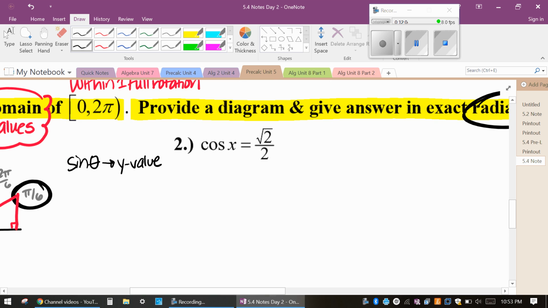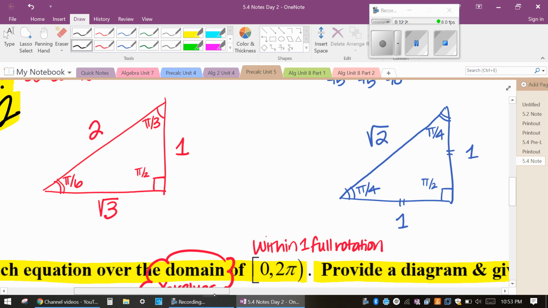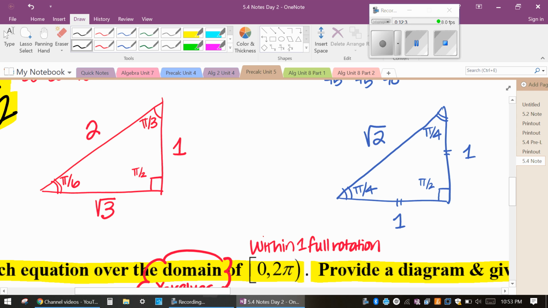Okay, number 2. Cosine of what angle in radians equals root 2 over 2? Can we obtain a cosine that's root 2 over 2 from a 30, 60, 90 or a 45, 45, 90 triangle? Now remember, we're supposed to be using radians, so you want to use these triangles, right? Which of these triangles would allow me to use an angle so that the cosine of it is root 2 over 2?